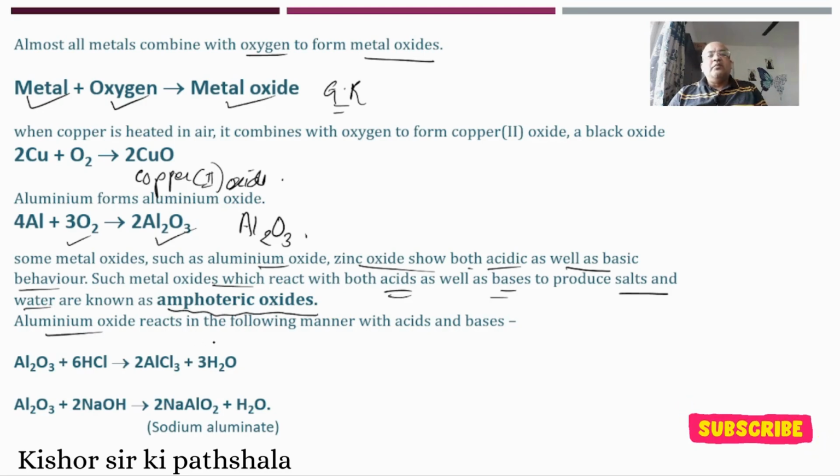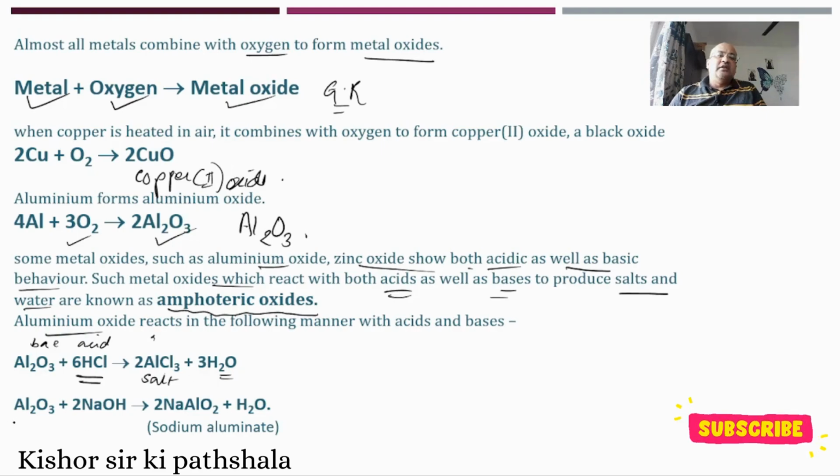So let's see how aluminium oxide reacts. Here you see aluminium oxide is reacting with hydrochloric acid, and you are getting a salt, aluminium chloride, and water. So here it is acting like a base plus acid, and base plus acid gives salt and water.